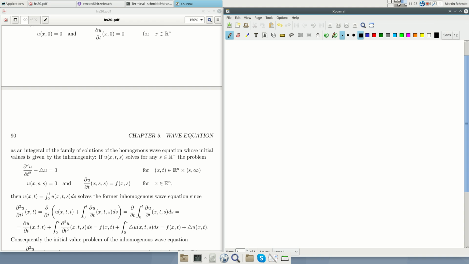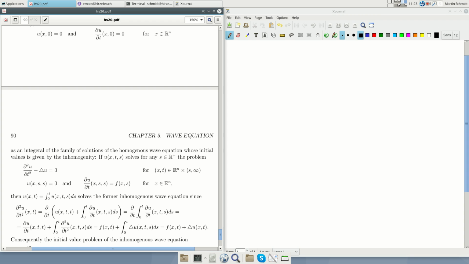In order to calculate this special inhomogeneous solution of the inhomogeneous wave equation, with initial value 0, we define a family of homogeneous solutions where the initial value is given by the inhomogeneity.